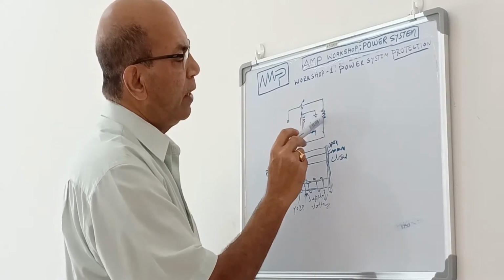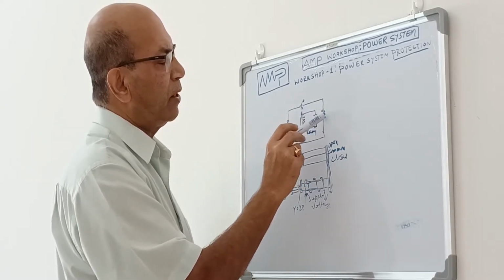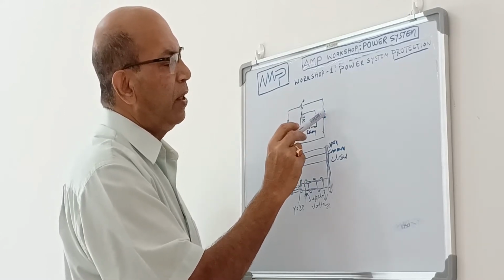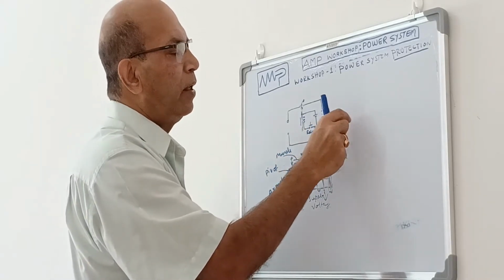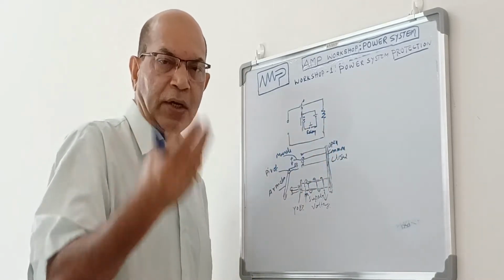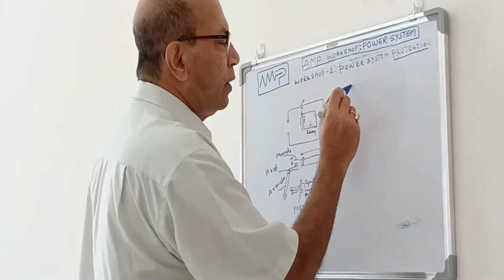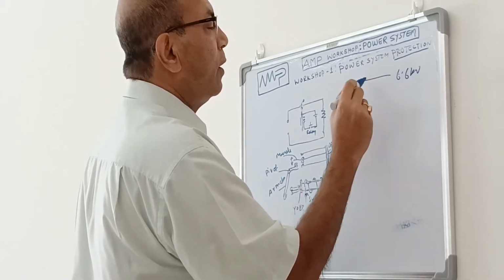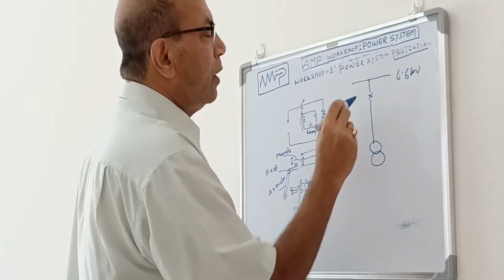So suppose this is another solenoid, a big solenoid of bigger size. If this solenoid is energized, it can pull another plunger, and that plunger can control another circuit which has a huge power circuit. What is that circuit? Suppose this is a 6.6 kV switchboard. There is a circuit breaker going to a transformer.